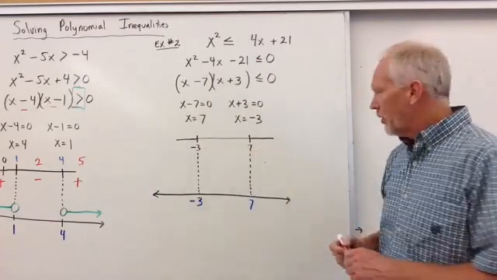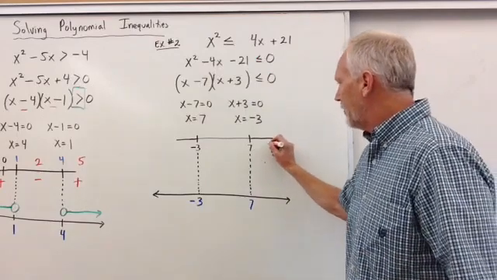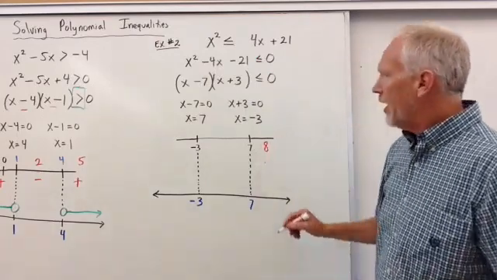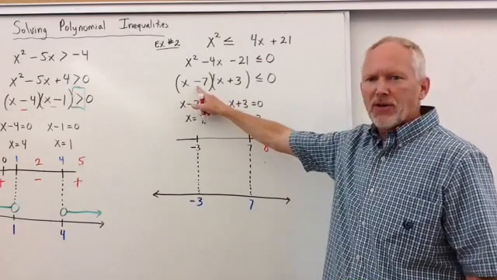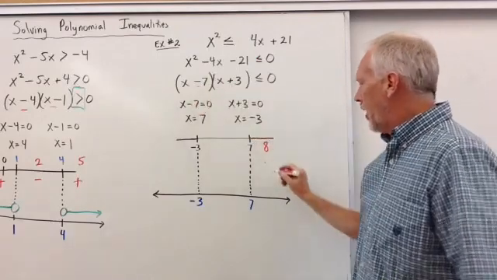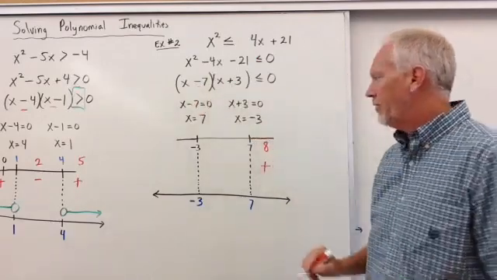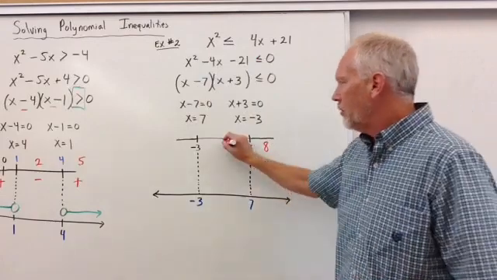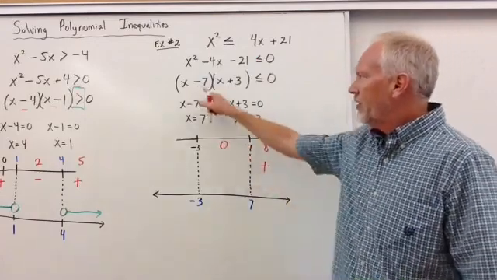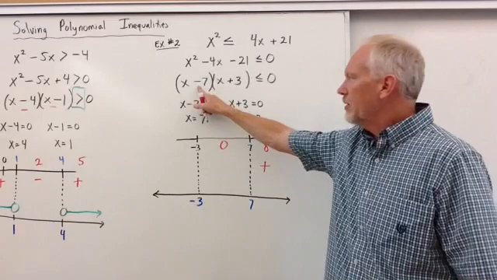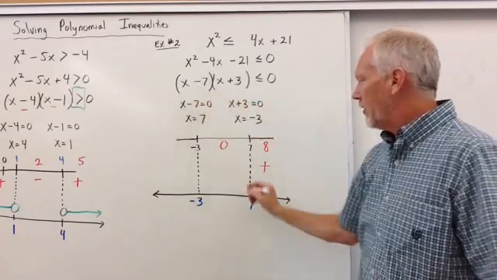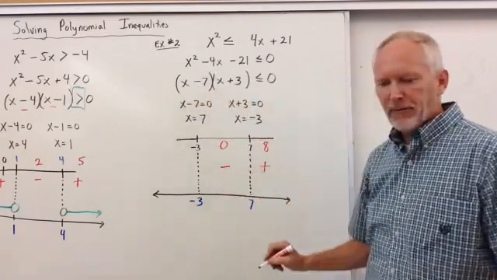So if I want to choose 8 as a test value, 8 minus 7 is a positive number, and 8 plus 3 is positive, so this will be a positive value. If I want to choose 0 in here, that's a negative value and a positive value, so that's a negative.